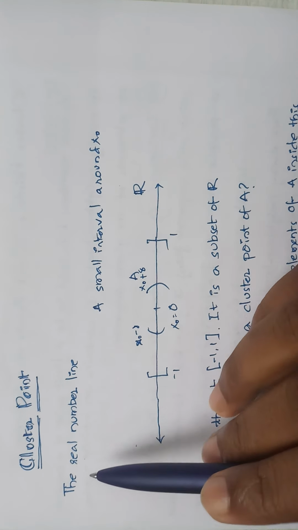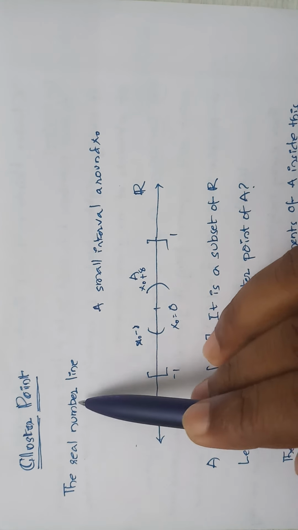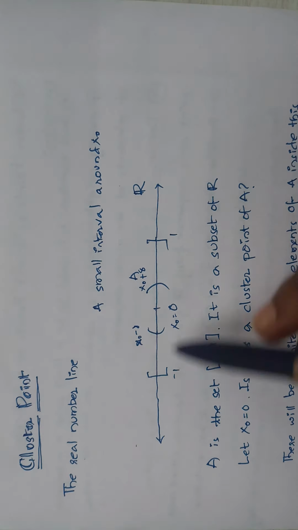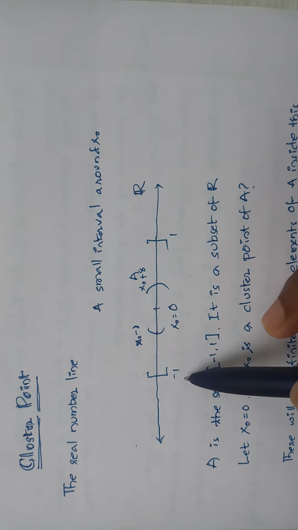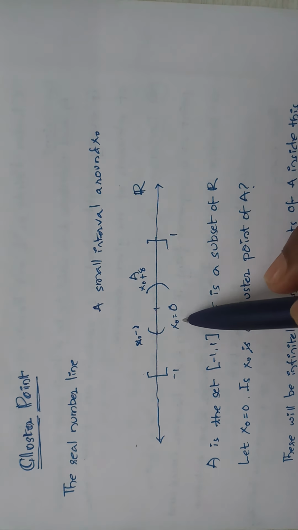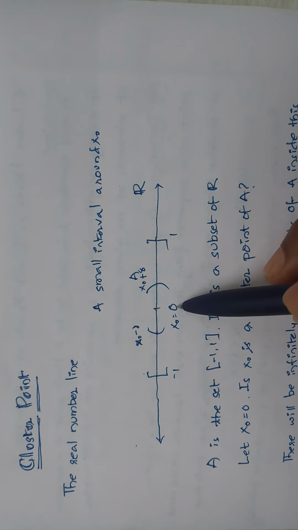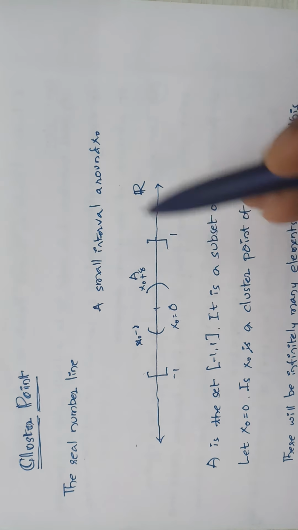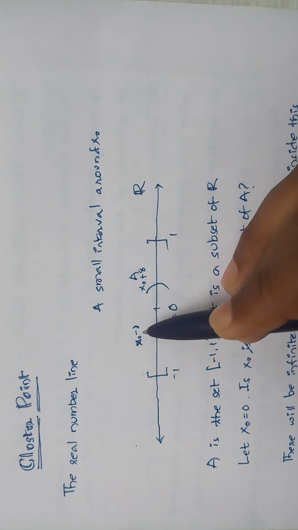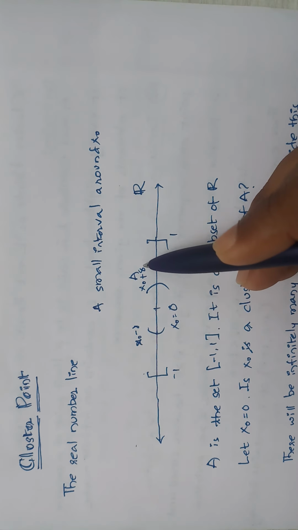Here we draw the real number line. This is the number line. Here this is the closed interval from -1 to 1. Here I draw x naught, that is a point. This is a smaller interval around x naught, that is the open interval x naught minus delta to x naught plus delta.